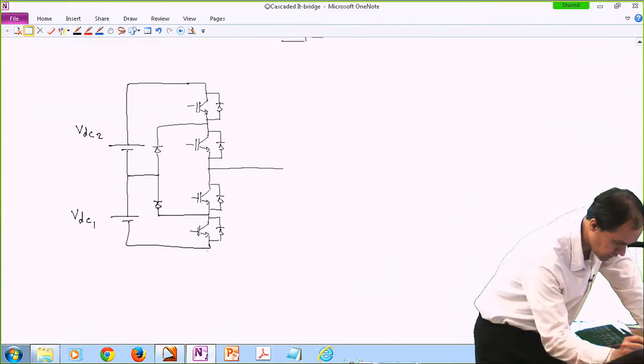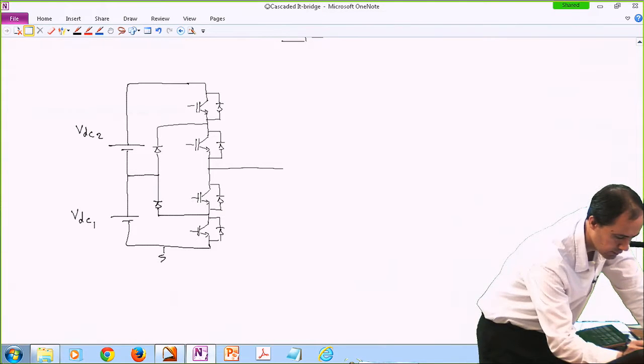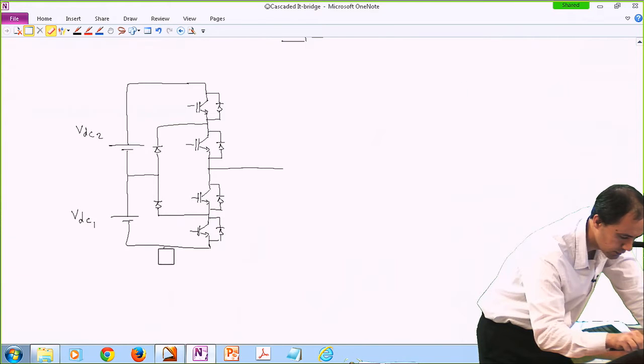Most of the time it's assumed that this is the ground. I'm not going to draw it right now, but later on we're going to talk about it.